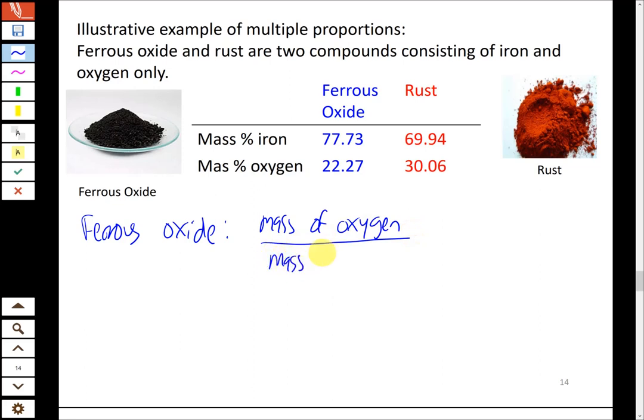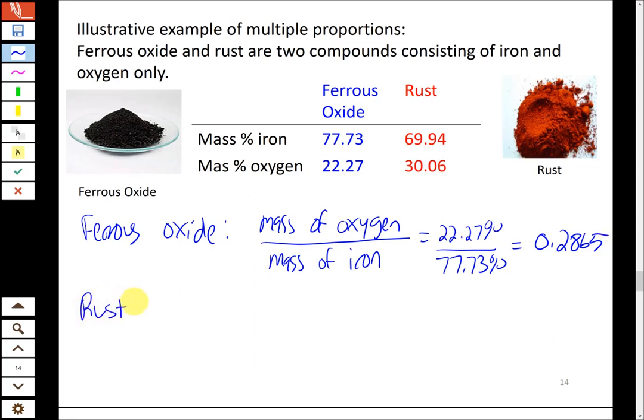But if we take the ratio of oxygen to iron in ferrous oxide, that's going to be 22.27% divided by 77.73. So the ratio of the two mass percents comes out to 0.2865. If we do the same thing for rust, we take the same ratio, oxygen over iron.